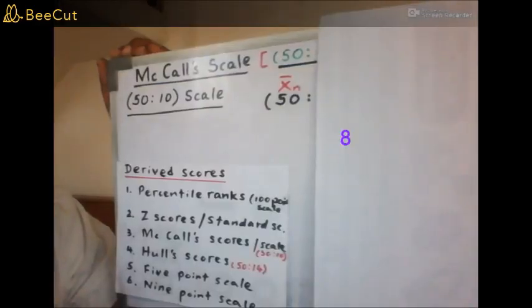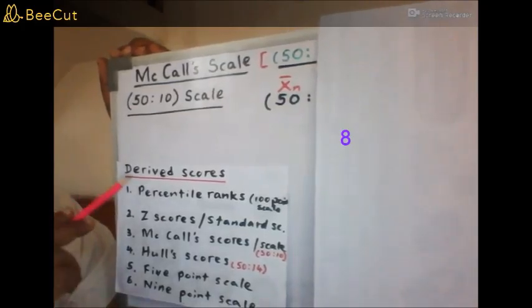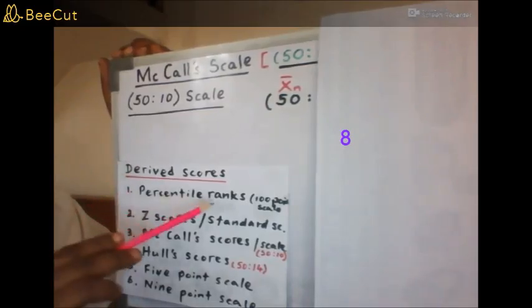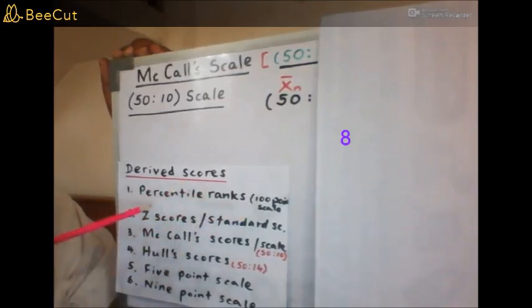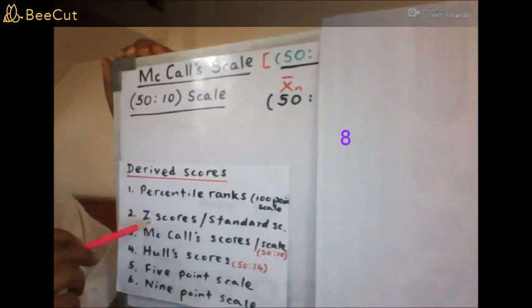Okay. Now, what are we studying? We are studying derived scores. Percentile ranks, that's also a derived score. It's a 100-point scale. Now we are not going to deal with it, but we have already done that. Z scores.